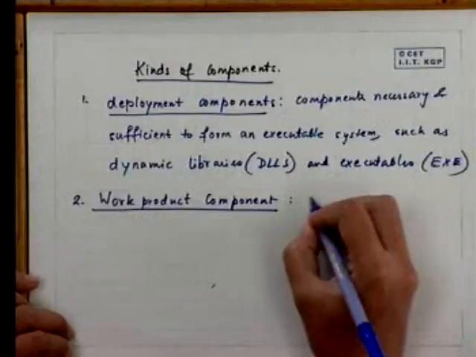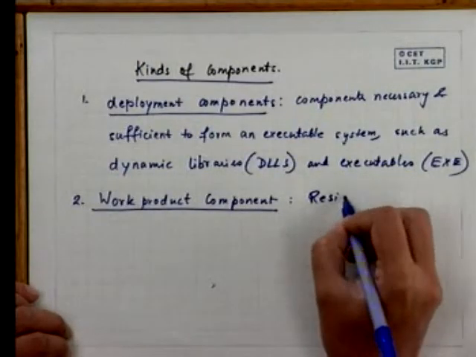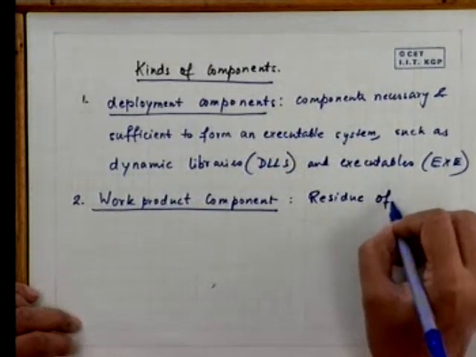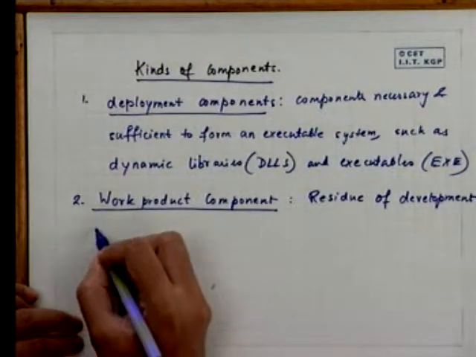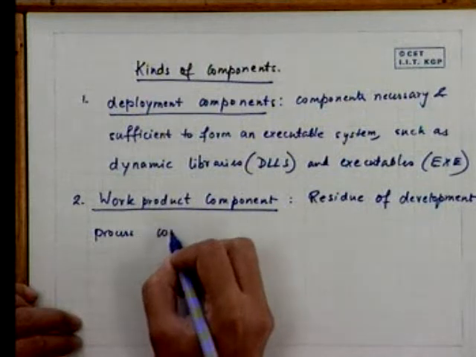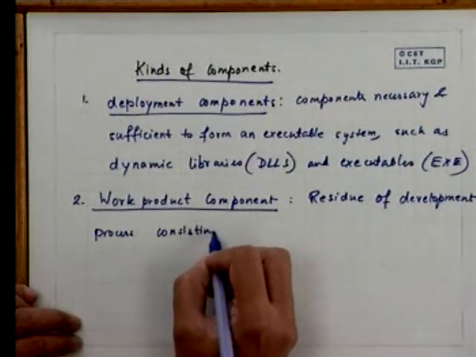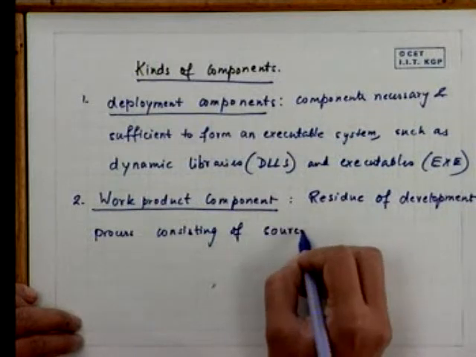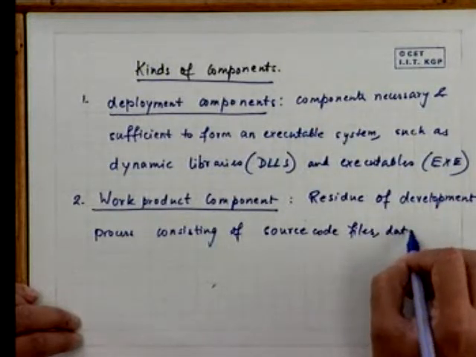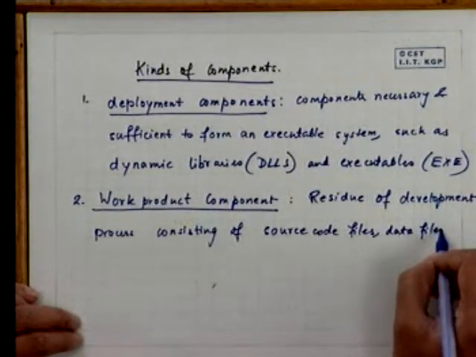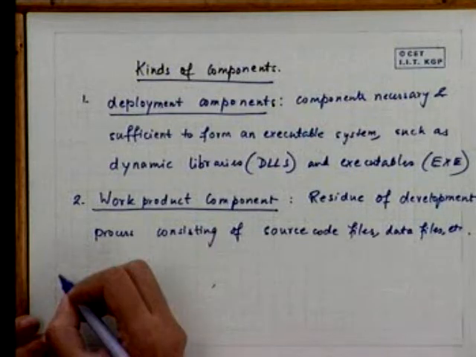The second type of component is the work product component. Work product components are residues of the development process, and they consist of files such as source code files, data files, etc. Besides this, we have execution components.